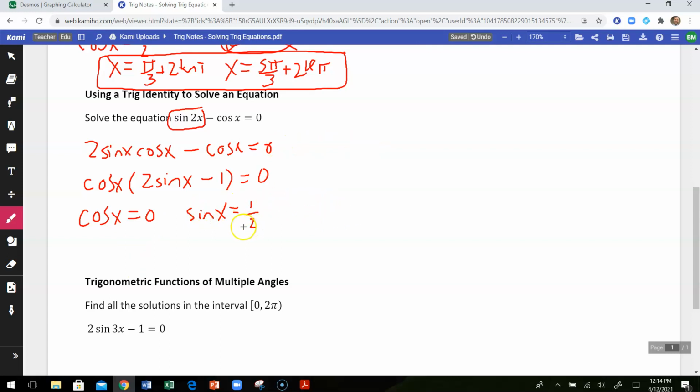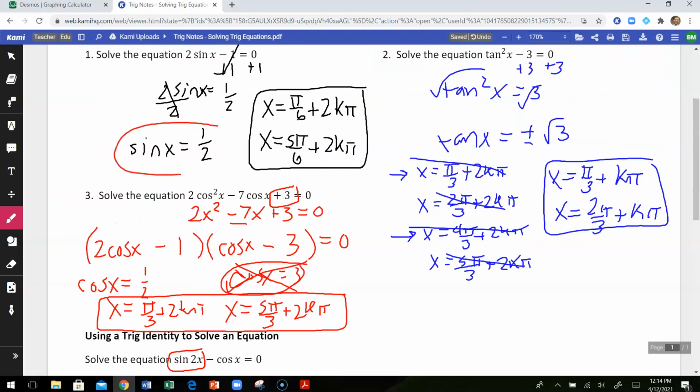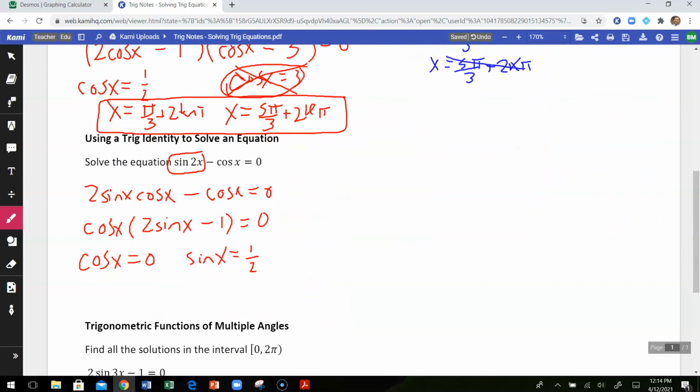So now I'm looking for all the angles where cosine is 0, and also where sine is 1/2. Well, we already got the sine being 1/2 part. We did that here. So I know that these two answers are going to be solutions. I'll go ahead and say those. So x equals pi over 6 plus 2k pi, and x equals 5 pi over 6 plus 2k pi.